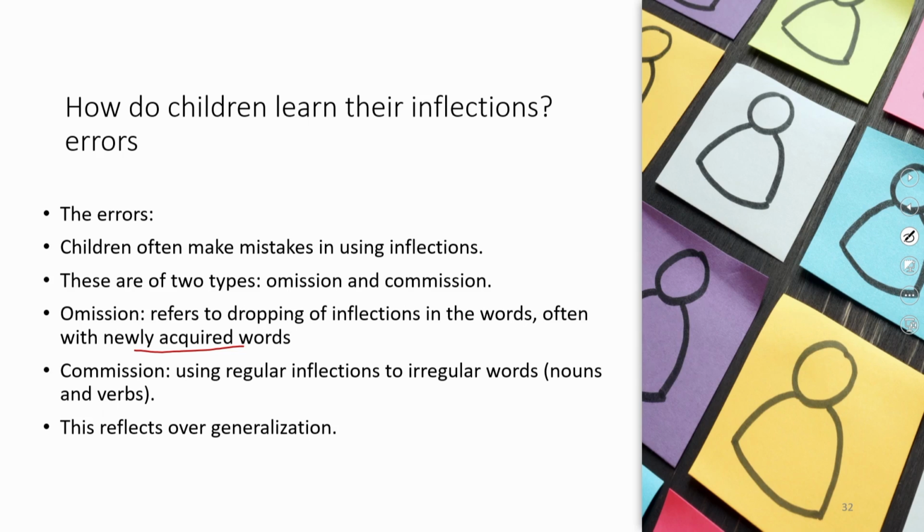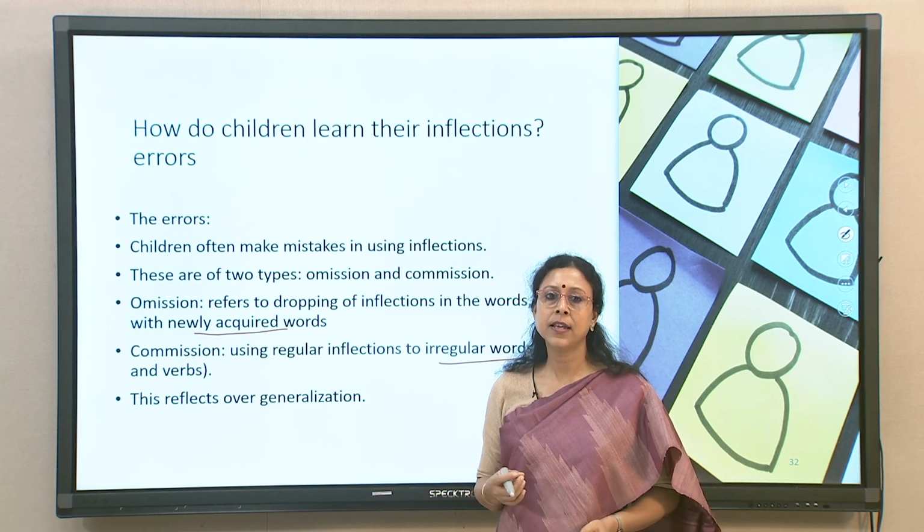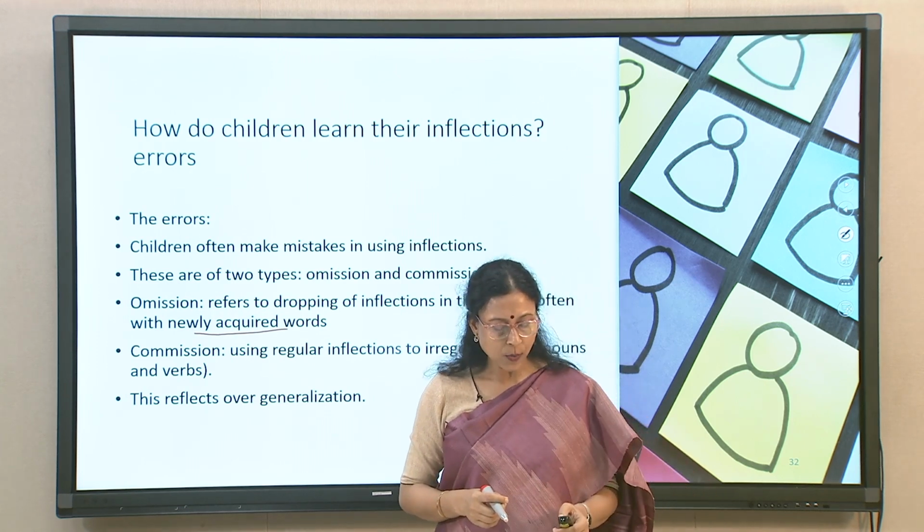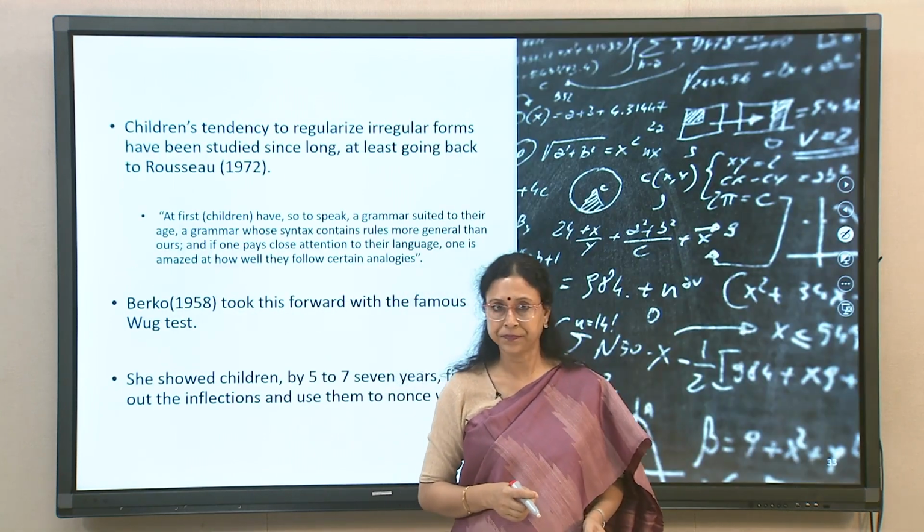English and Italian, for example, have irregular nouns and verbs, which means that they do not take the general pattern of inflection to mark various grammatical properties, be it tense, be it number, or whatever. Those are reflected differently, and that is when children make mistakes, because they use regular inflections with the irregular words. This is also the domain of what we call overgeneralization.